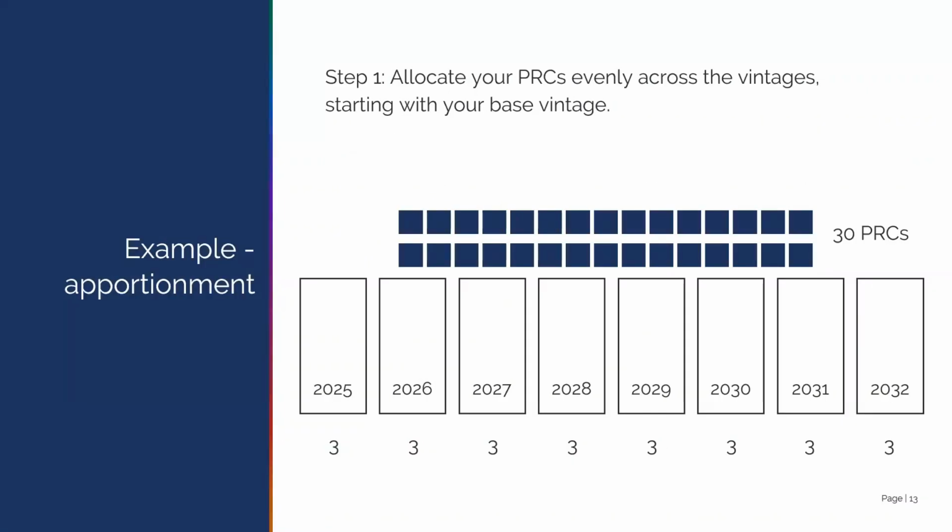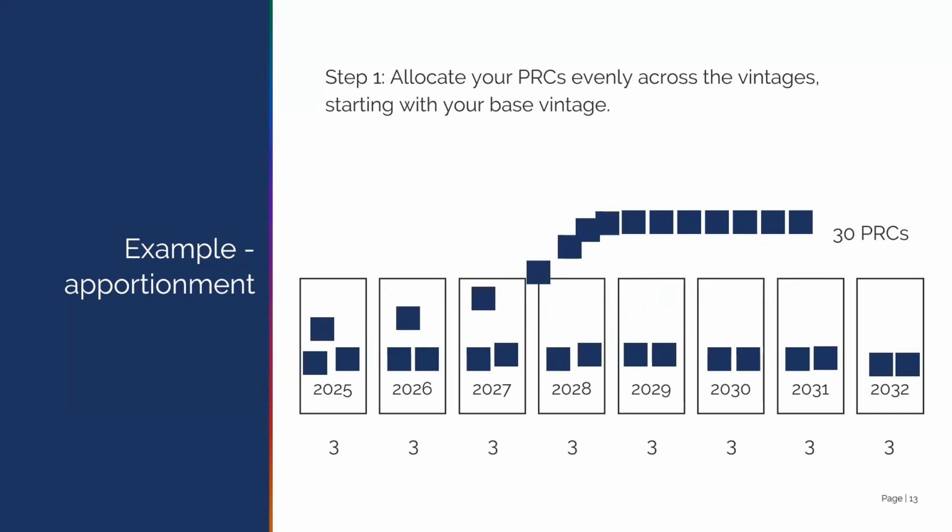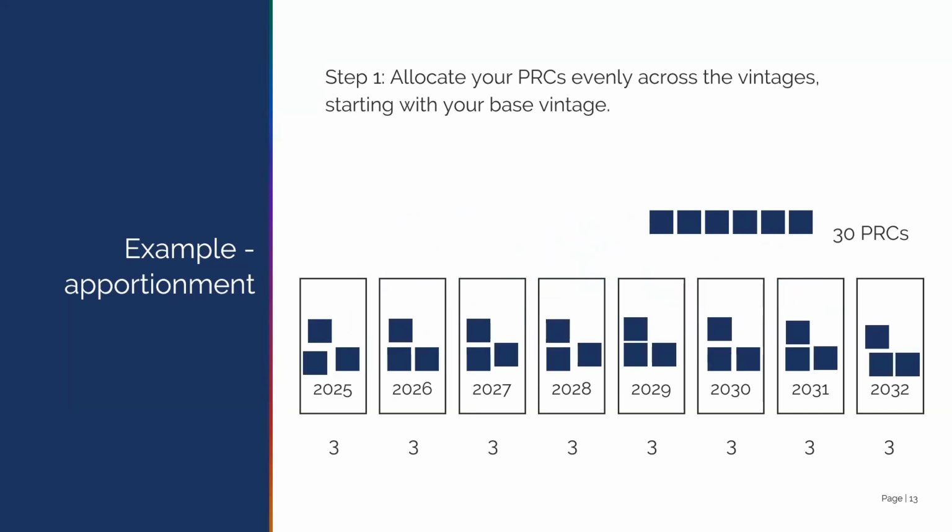So the first step is to allocate your PRCs evenly across the vintages. So remembering in this case, we've got 8 years to apportion. And so this is what it starts to look like. You'll notice that we're able to allocate 3 to each of those vintage years, and then we've got some left over.